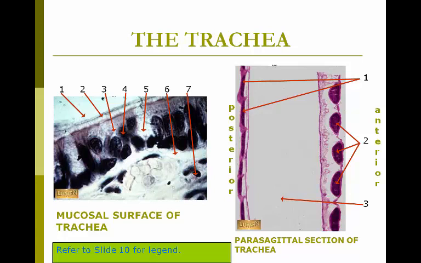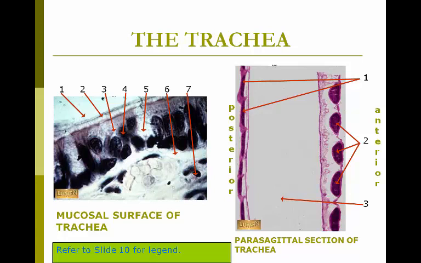It's cut slightly to one side of the midline. That's called parasagittal. To your right is the front aspect of that trachea. To your left is the back or posterior part. If you look at number 2, we have 3 structures, one after the other, lined up there.